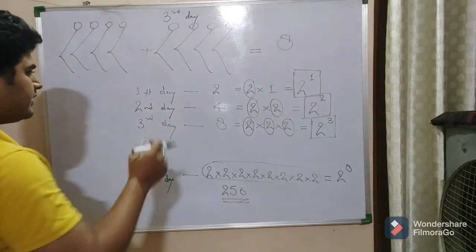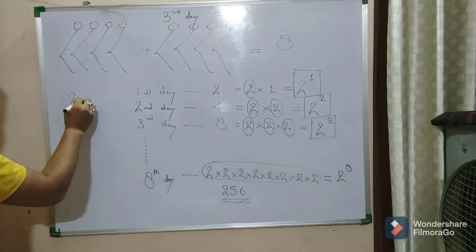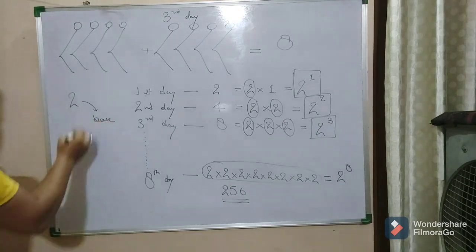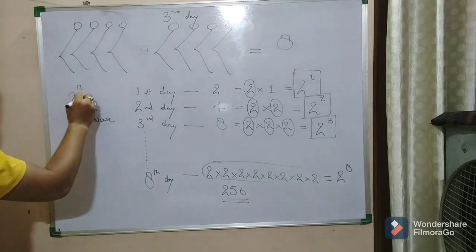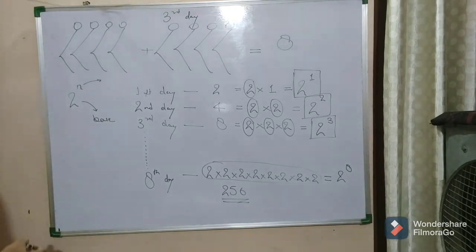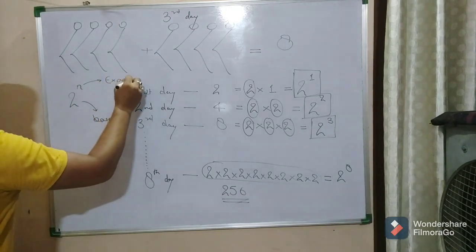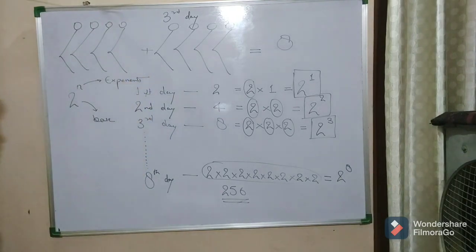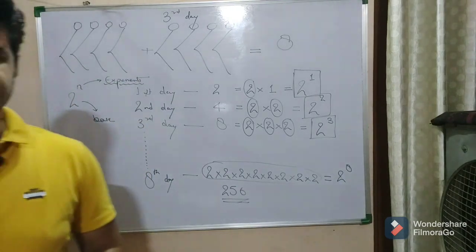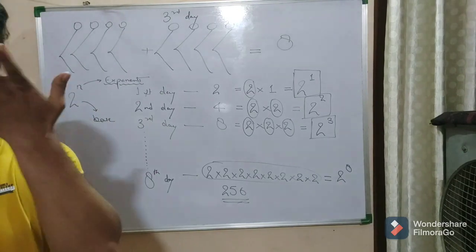And in this form, the number which you are writing is called the base, and the power to which you are raising it, for example n, which can have any value 1, 2, 3, 8, that is called the exponent. Yes, my dear students, that is called the exponent. So in this chapter we are going to deal with exponents, right?